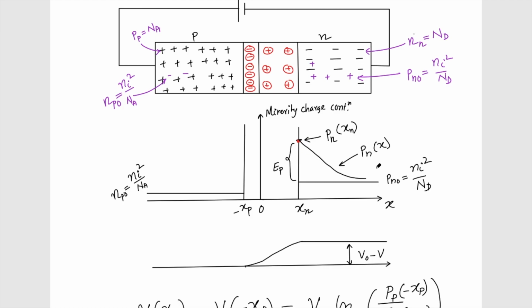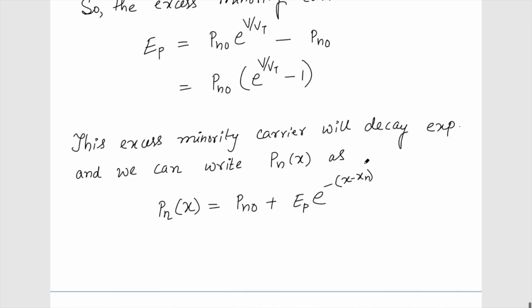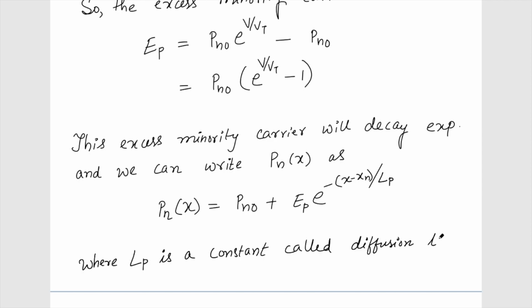Similarly, there is a constant LP, which defines how fast the holes are decaying as it goes towards X, where LP is a constant called the diffusion length of the holes in N-type material.